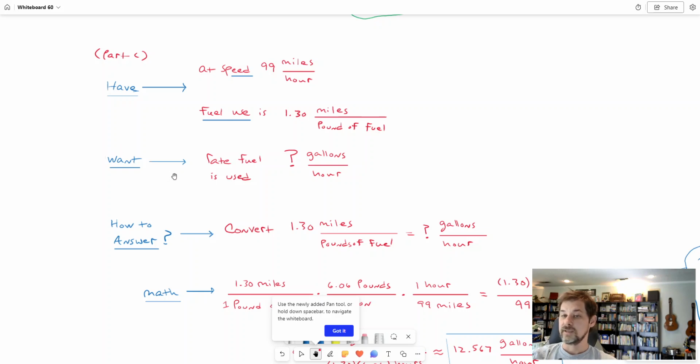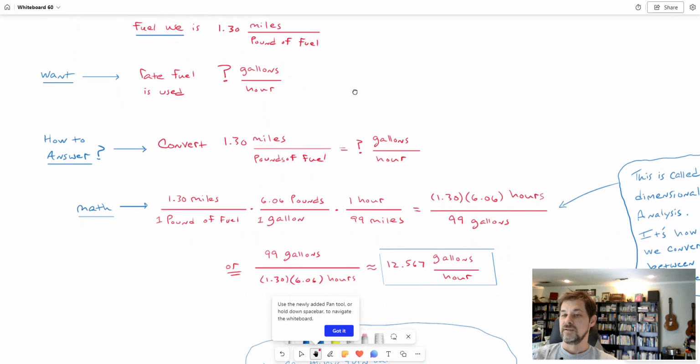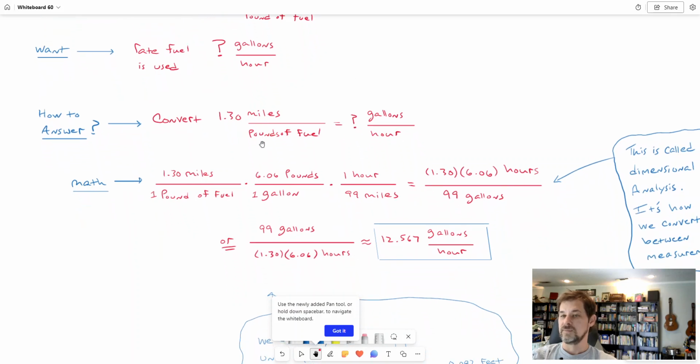And what I want is to figure out the rate it's burning fuel in gallons per hour. So it's a matter of converting 1.3 miles per pound of fuel to question mark gallons per hour, where that question mark is my answer, my conversion, and the number that I'm looking for.